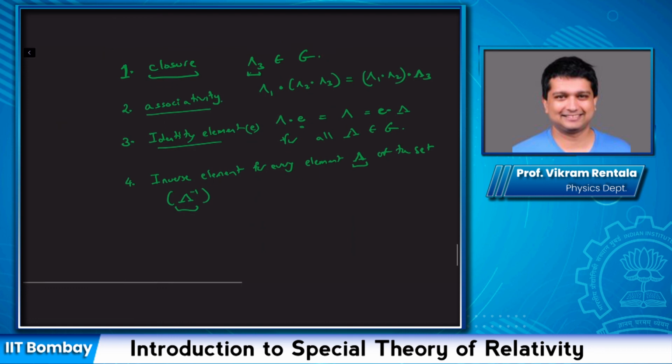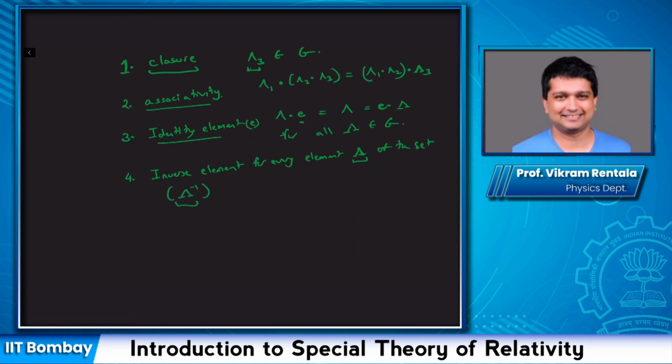This is a different member of the set than lambda, and the group satisfies the property that lambda dot lambda inverse is E, and this is also true for the reverse dot product.